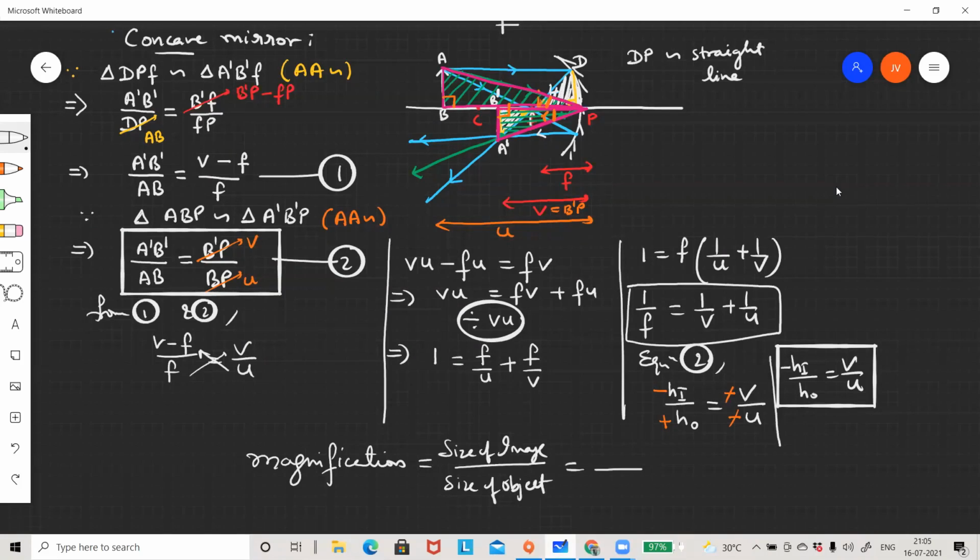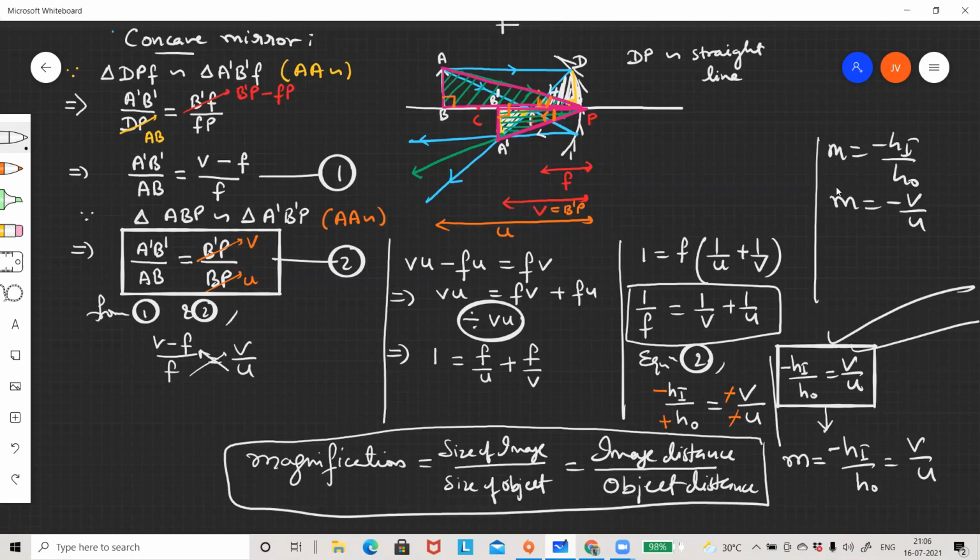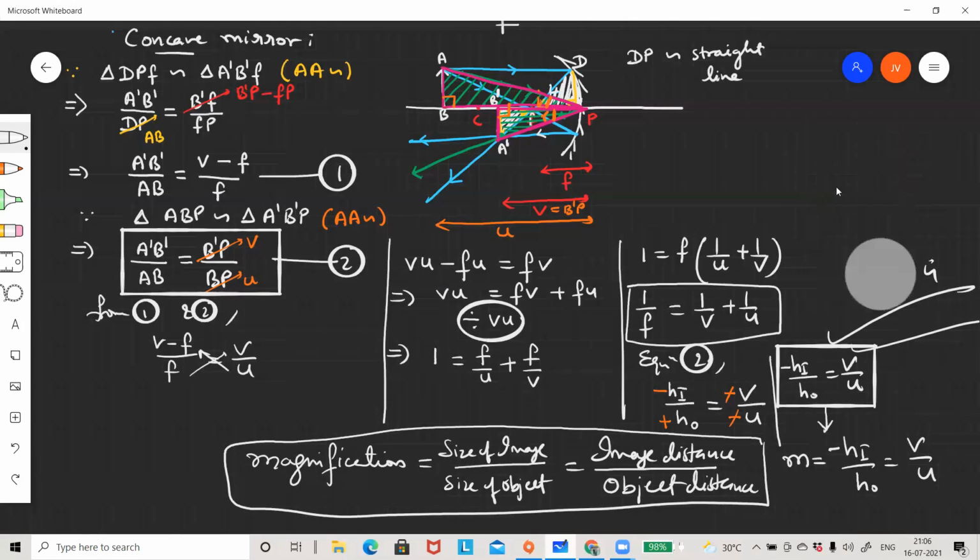If not this, it is the ratio of image distance to object distance. So it is the basic definition. But going for a combination of the right side, you will take HI by HO is equal to minus V by U. One minus symbol is guaranteed for mirror magnification. So that's how we derive it.